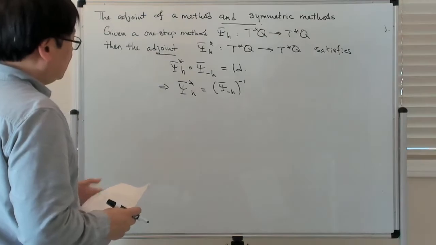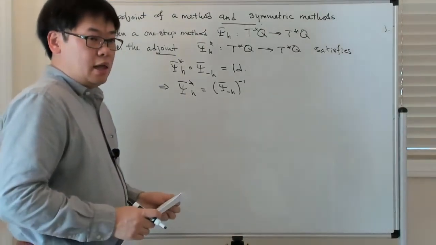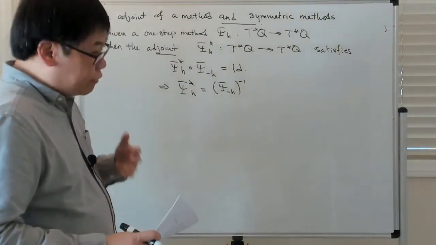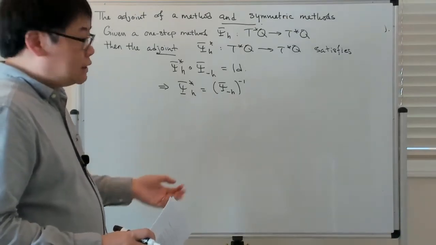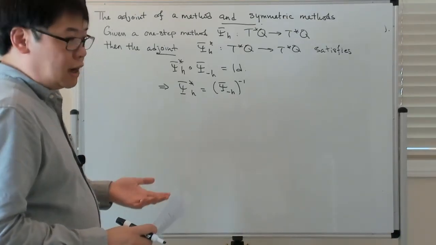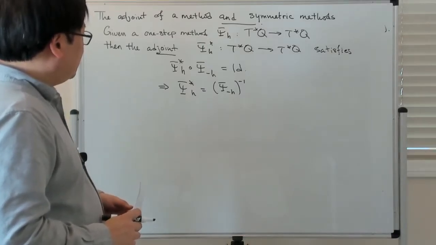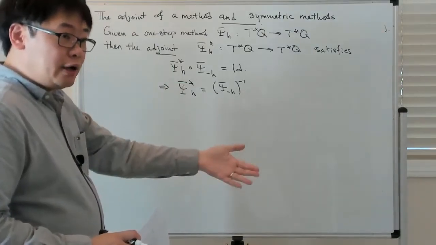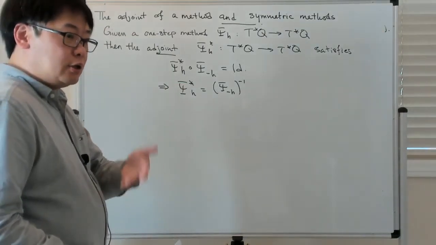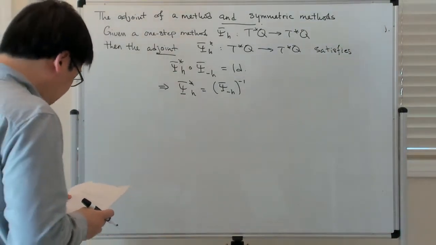Now, the same way that you can do error analysis of a variational integrator based on comparing the discrete Lagrangian to the exact discrete Lagrangian, it's natural to ask whether there's a way to characterize the adjoint of a variational integrator generated by a discrete Lagrangian in terms of another discrete Lagrangian, which is naturally called the adjoint discrete Lagrangian.